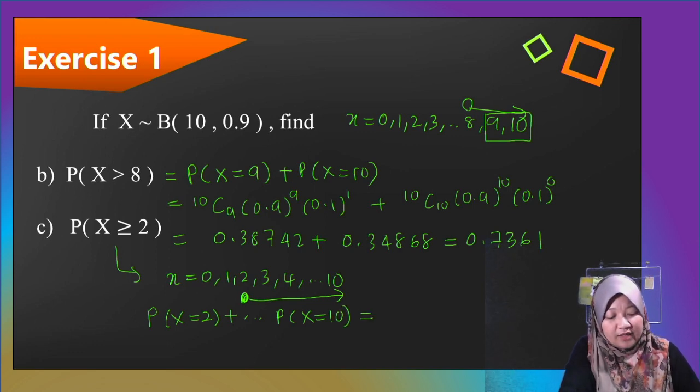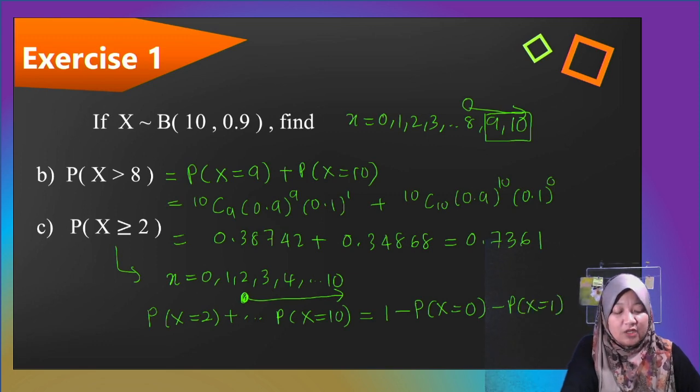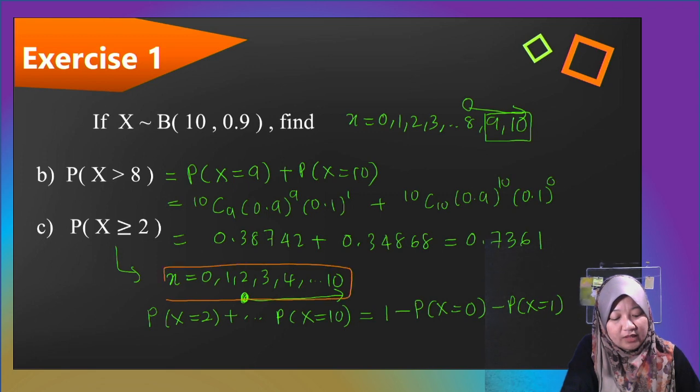Or we can find as 1 minus probability x equal to 0 minus probability x equal to 1. Okay, why? For probability, we know that the total probability is equal to 1.